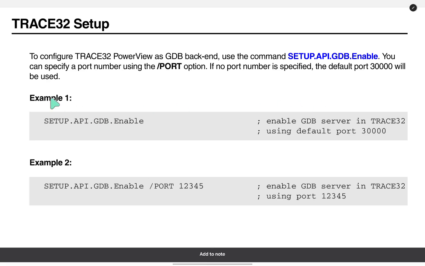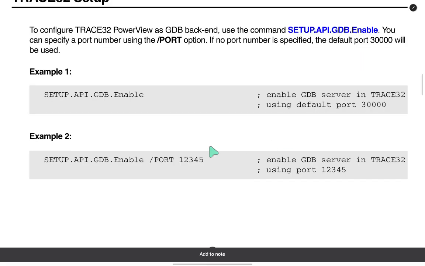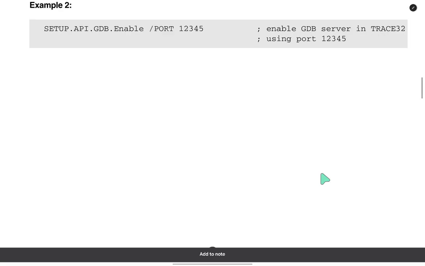Example 1: SETUP.API.GDB.enable. Enable the GDB server in TRACE32 using default port 30000. Example 2: SETUP.API.GDB.enable /port 12345. Enable the GDB server in TRACE32 using port 12345.